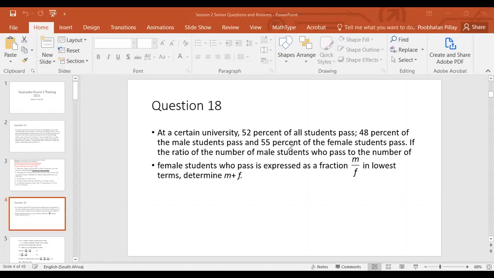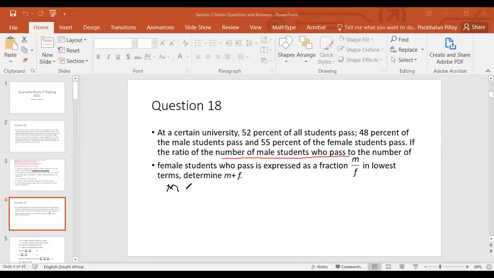Let's see. The question is, if the ratio of the number of male students who pass, okay, let's give a name to that. The number of male students who pass, let's call it capital M. I don't want to confuse it with the small m here, which is in lowest terms.